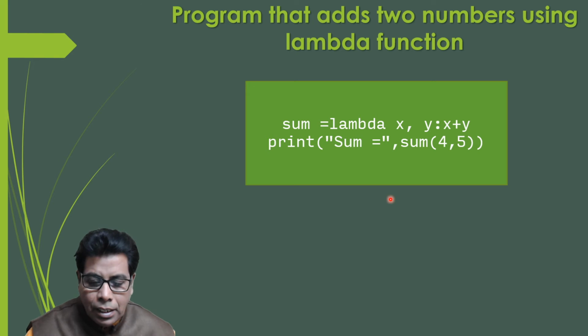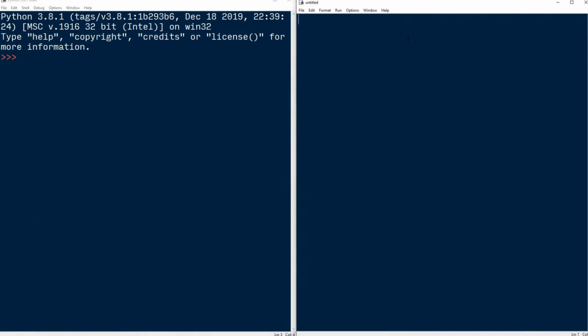Let us see how we can execute this. Now let us type the program. Sum is equal to lambda, then x and y, these are the two variables we are taking for lambda, and then colon x plus y, and then simply print sum is equal to, comma sum, and let us pass the two numbers 4 and 5.